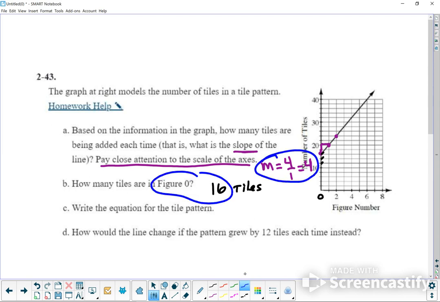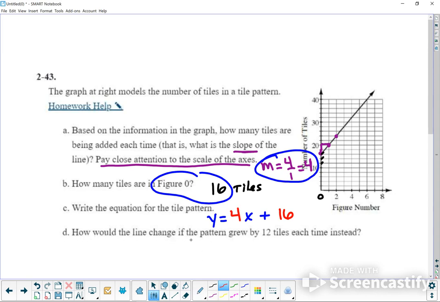So the equation is going to be y equals mx plus b, and we know that the starting value is 16, so we're going to use plus 16, and we know the slope, which is the m, is 4. So the equation is y equals 4x plus 16.